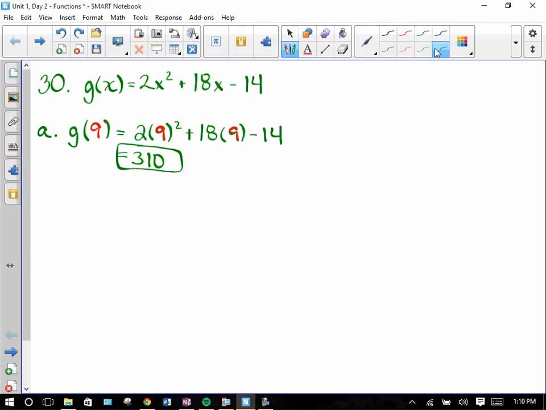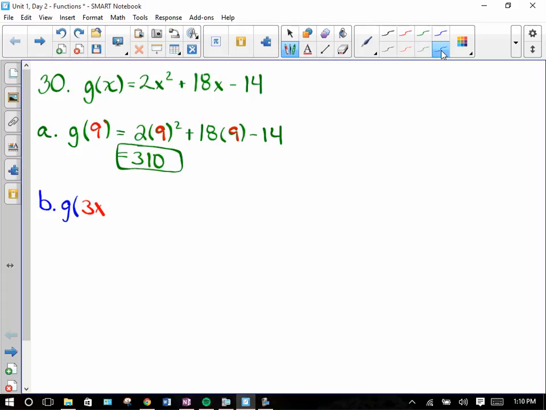So, in this problem, that's pretty much all you're doing, except in parts B and C it gets a slightly bit trickier just because it has the whole 3x and 1 plus 5m thing. If we look at part B, it says g of 3x.